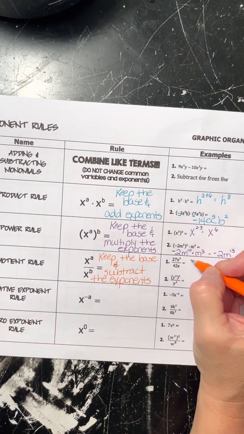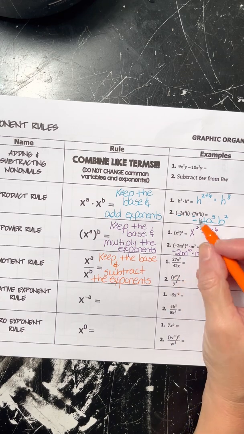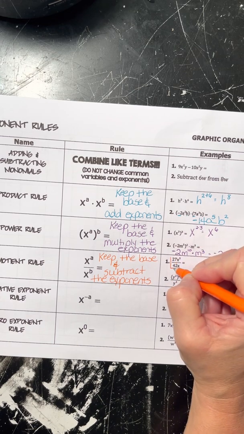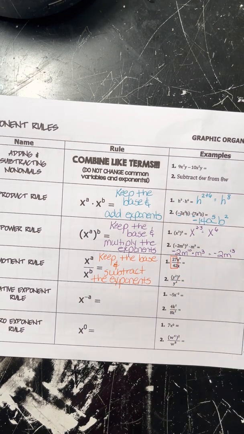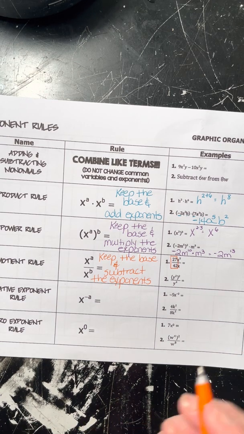So again, we're going to do the division right here first. 27 divided by 42 you can do on the calculator. 27 divided by 42 is going to be 0.64.